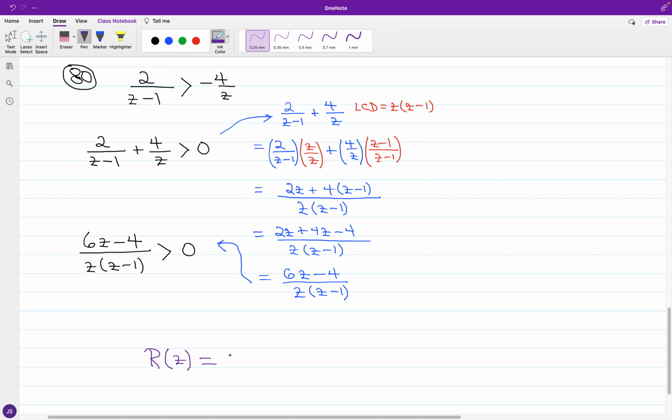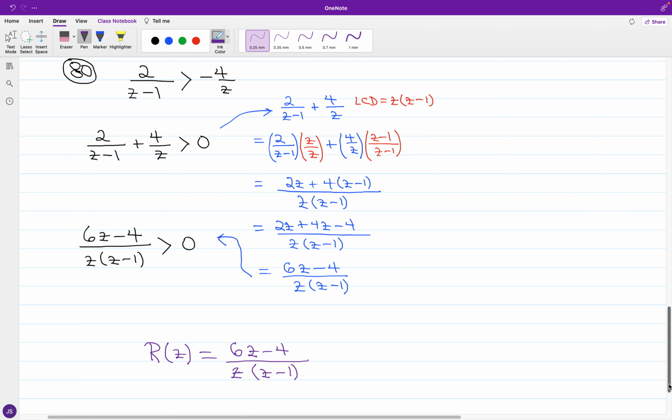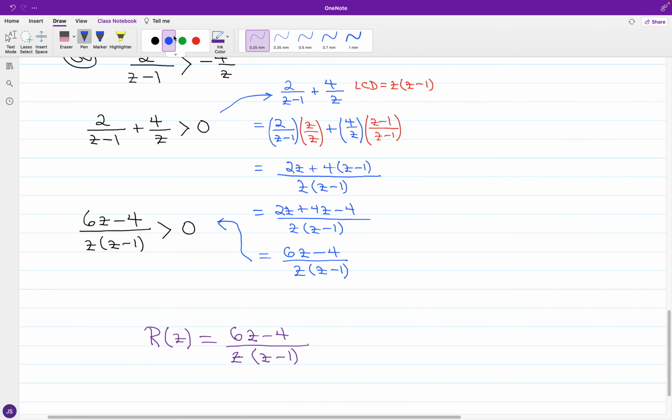So you have r of z equal to 6z minus 4 all over z times the quantity of z minus 1. And just looking at establishing the zeros. So we've got 3 z expressions.